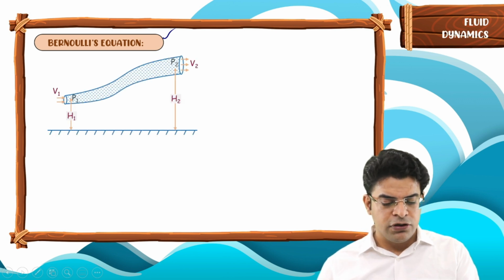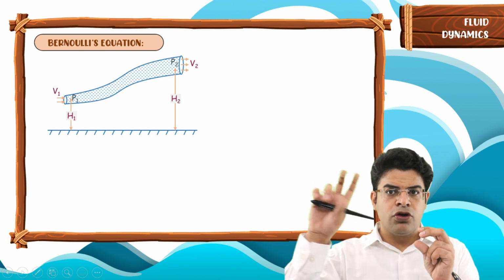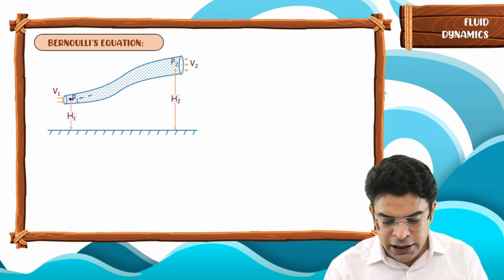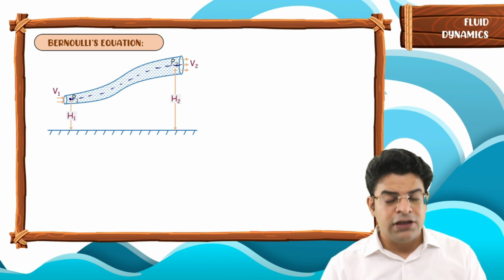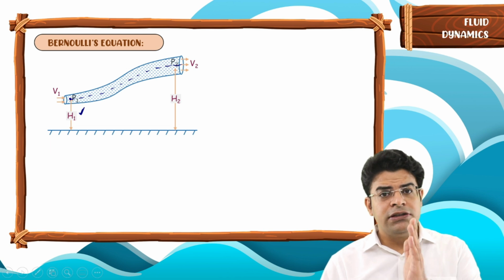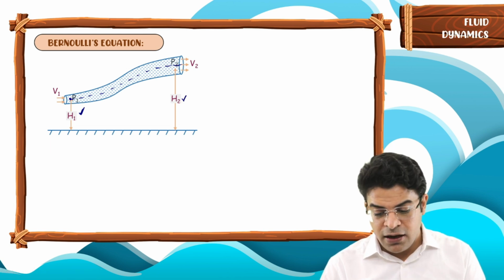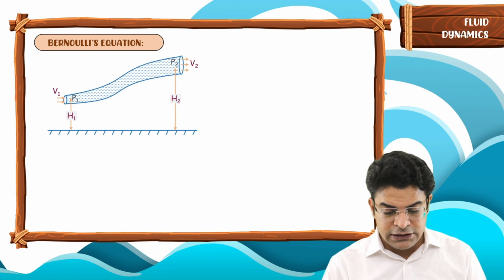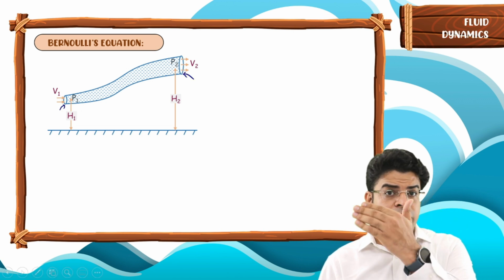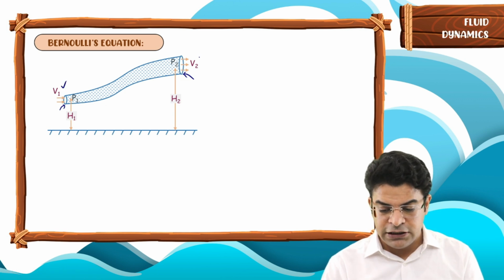So let's say we have got this tube of variable cross-sectional area, as well as the center line has got variable height above the ground. So the center line of the left end is at a height h1 and the center line of the right end is at a height h2. Since, as you can see, the cross-sectional area is not the same, the speed of the fluid is not the same. Here the speed is v1, here the speed is v2.